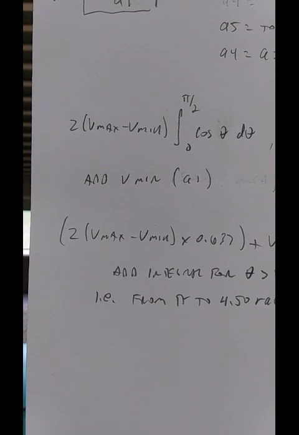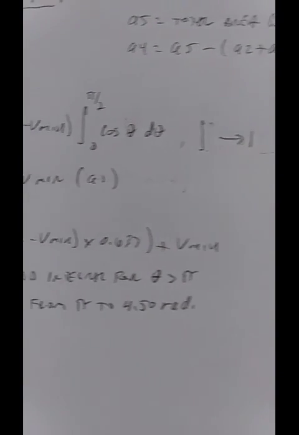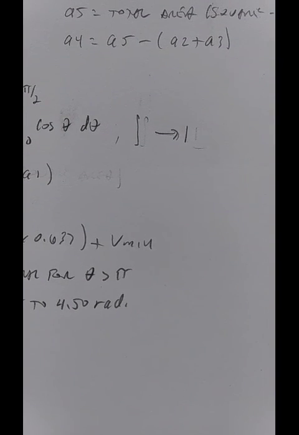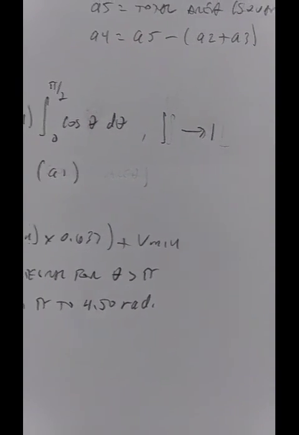So in a bit of a formula, we have twice V max minus V min, which is 2 kV minus 1 kV, times the definite integral from 0 to pi over 2, which is 90 degrees, cosine theta d theta. That integral represents 1.